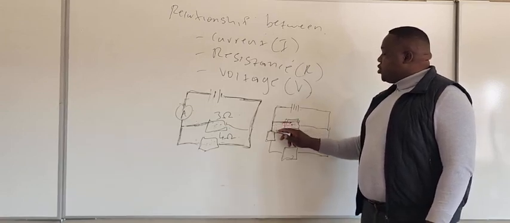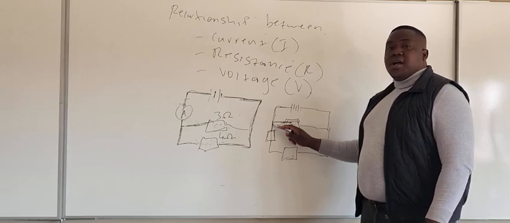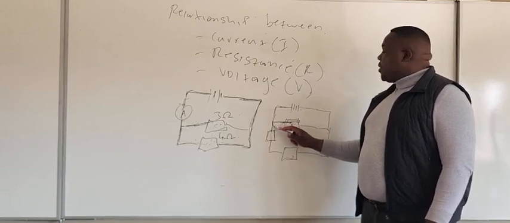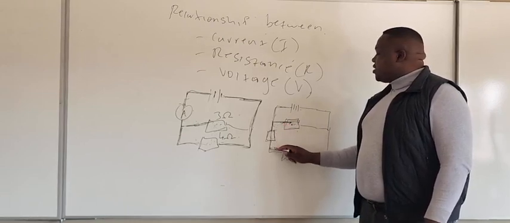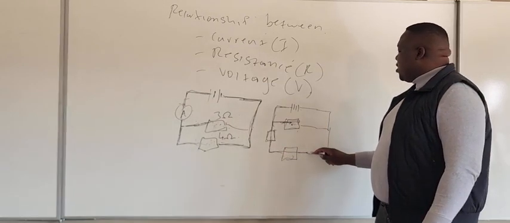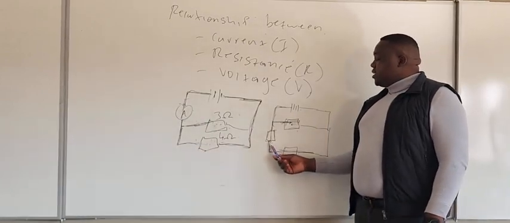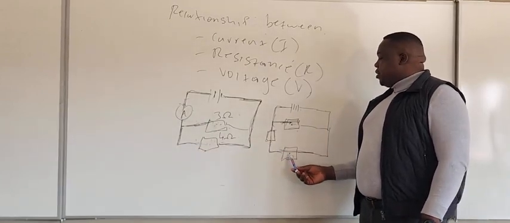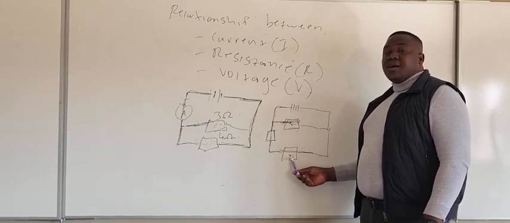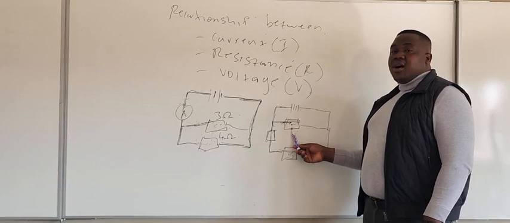The cable continues. As it continues, look at where it will pass through. The cable will pass this first resistor, the same cable, then the very same cable passes through the second resistor. What does that mean? It means this resistor is in series with this resistor, and this resistor is parallel with this one.